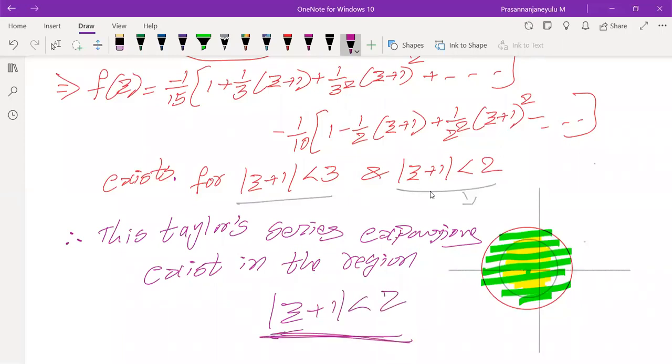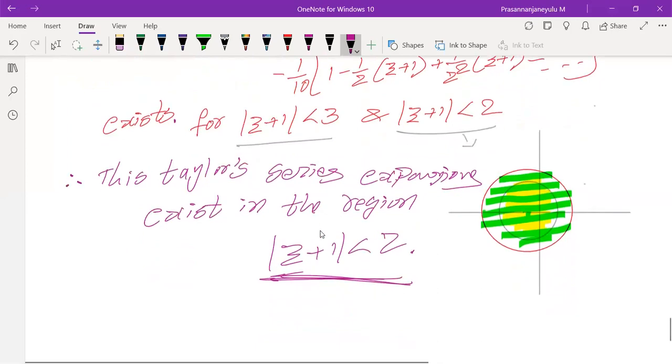This is very, very important. You are not supposed to write both the regions, and modulus of z plus 1 is less than 3 will not satisfy.